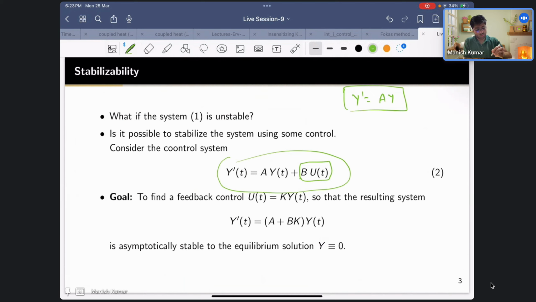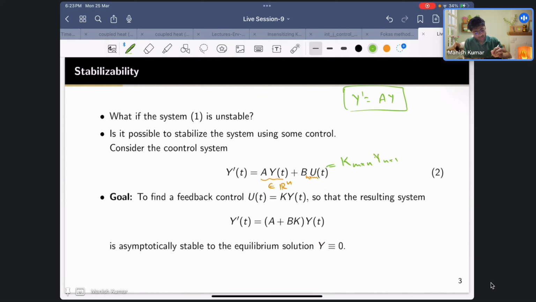Now to do that, what I want is that this u can be written in this form. Let me just mention the order. So A is n cross n, and y is a vector in Rn, n cross 1. B is n cross m, and I'm saying that suppose this u is written in this form, where K is m cross n and y is n cross 1.